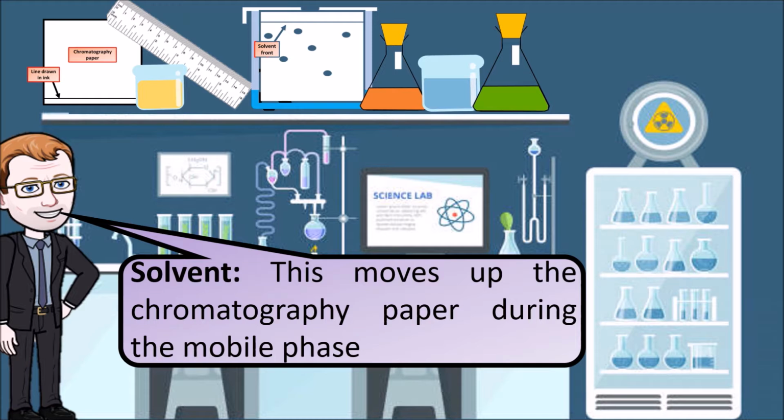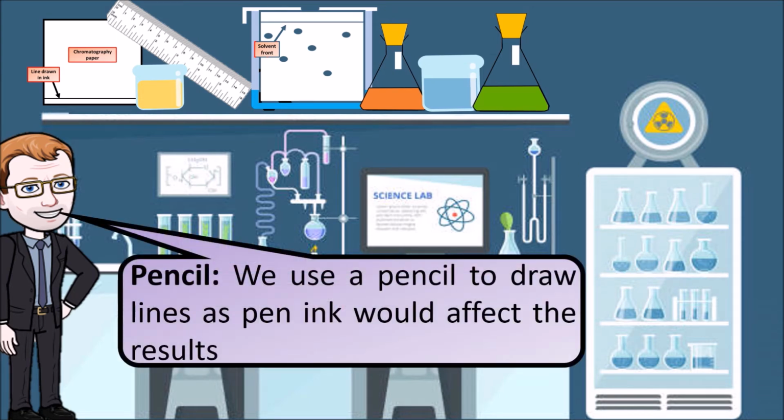The solvent is the liquid that moves up the chromatography paper during the mobile phase. So it is the solvent that separates out the individual inks in a mixture of different inks. We use a pencil to draw a line where the inks are starting and show where the solvent front is.